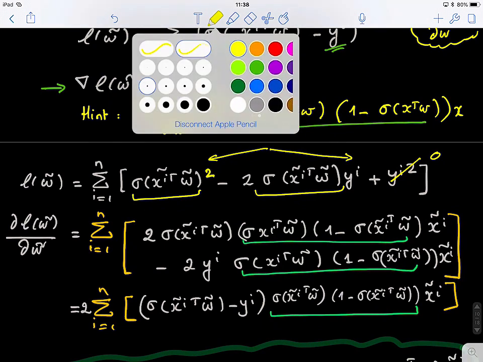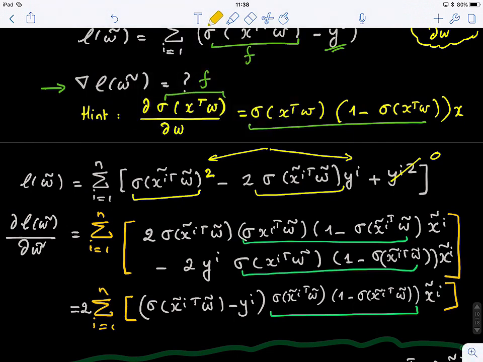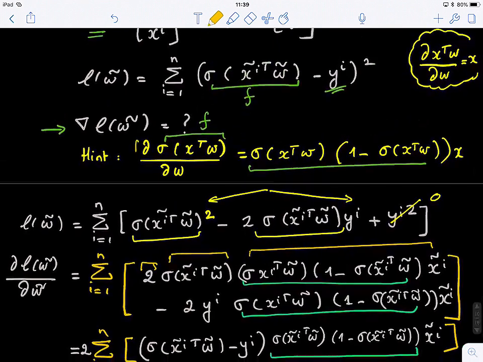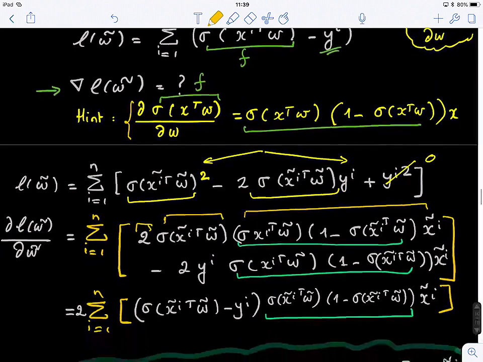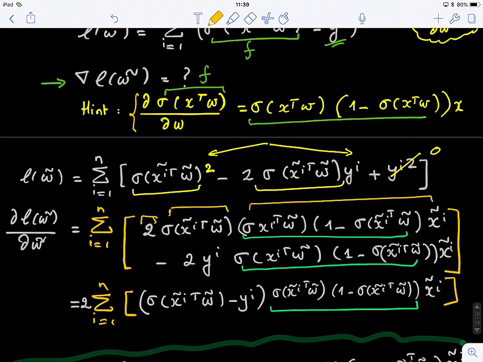So we have first the 2, so that's 2 times f and f prime. So f prime is exactly right here. It's the partial derivative of the sigmoid function with respect to w. And then here we have minus 2, and this is the derivative of the sigmoid function.